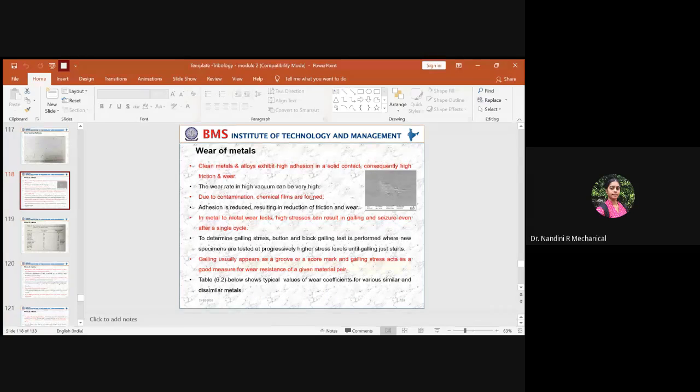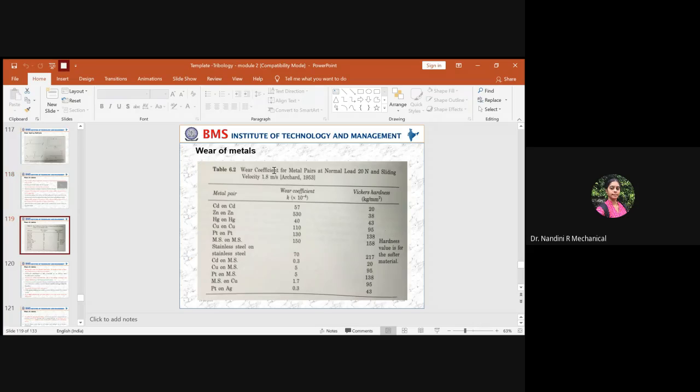So we learned when the friction and wear will be more and when it will be less with respect to the adhesion behavior between the metal and its alloys, right? And later we dealt with different wear coefficient values for the metals which are paired together, and for mating elements with dissimilar metals.